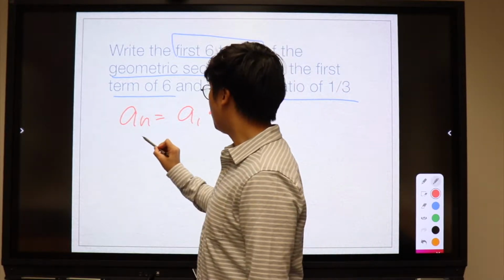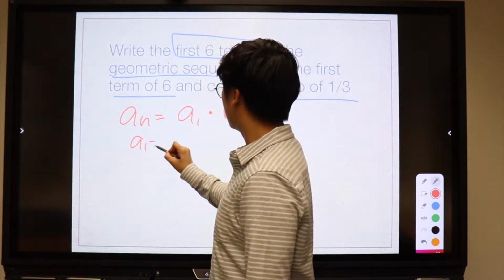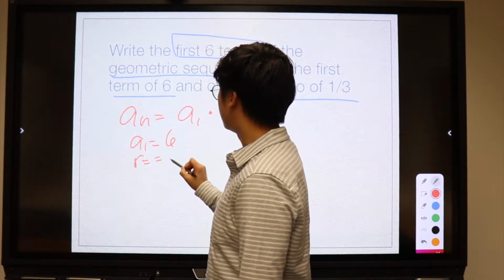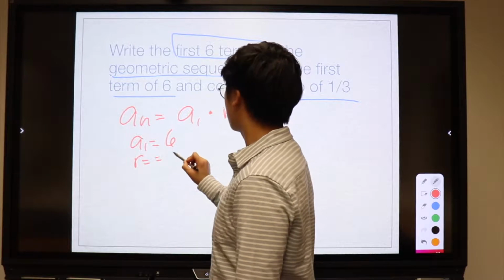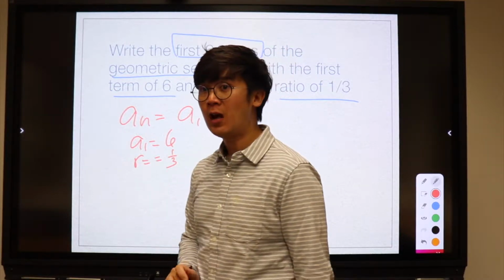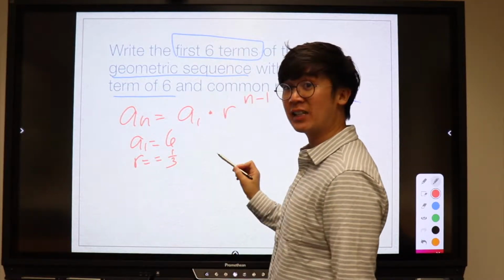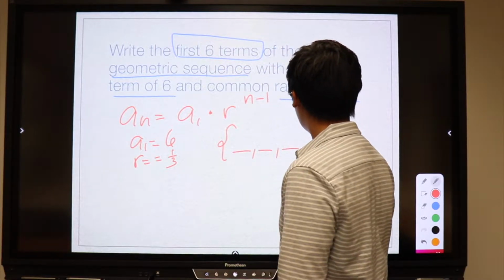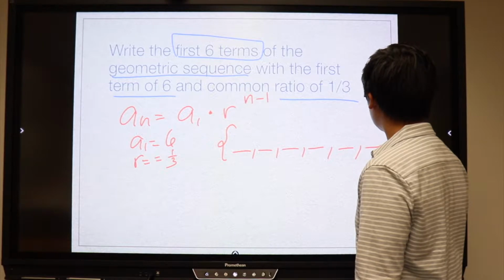Do we know the first term? Yes, 6. Do we know the common ratio? Yeah, 1/3. Now, we're looking for the first 6 terms, right? Which is 1, 2, 3, 4, 5, 6.